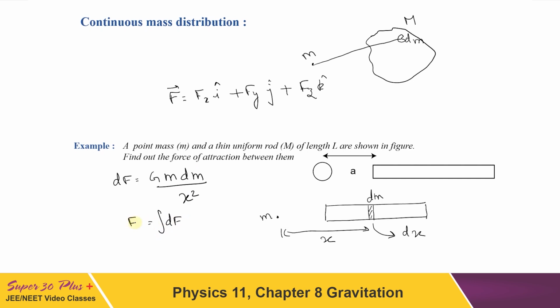F is the integration of dF, which equals G m taken outside the integral. Inside it, dm is the mass of this elemental particle, equal to mass per unit length into the length of that particle, that is dx. So it is M by L into dx upon x square.